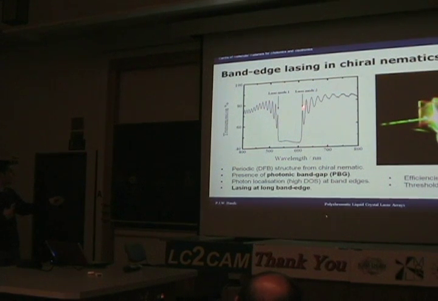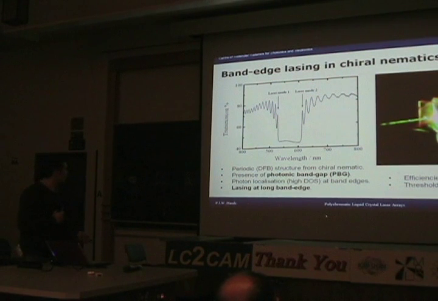And at the edge of the photonic band gap, we can see an enhancement of the dwell time, increasing the optical density of states, which means that because there's a large population of photonic energy states, we predominantly laser along the band edge of our photonic band gap. Now, in theory, we might get lasing at the short and long band edge. But due to the orientation of the dye with the liquid crystal molecules, it's more favourable for the liquid crystal to laser along the long band edge of the photonic band gap.